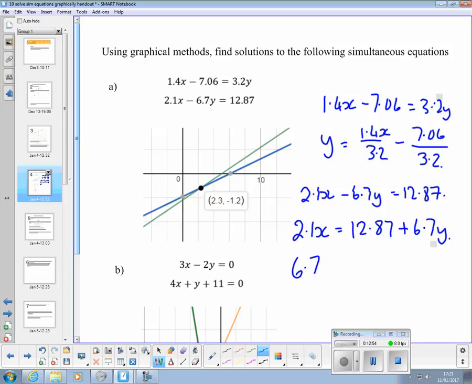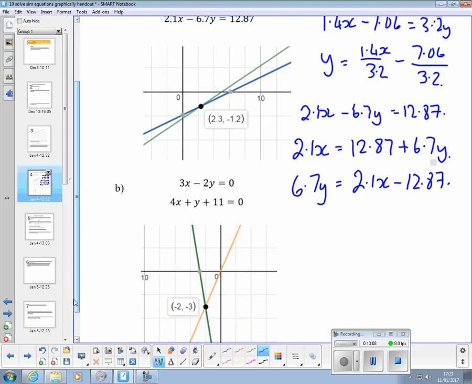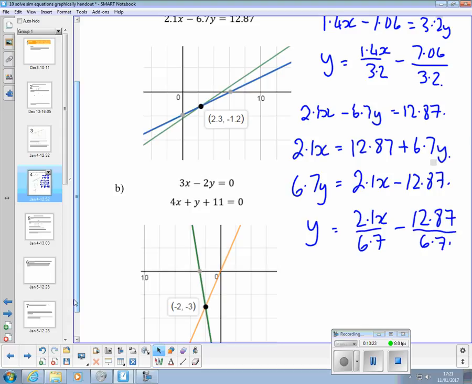So let's put our 6.7y on this side where we want it, and say that's 2.1x minus 12.87, and then lastly divide through by the 6.7. So we get y is 2.1x over 6.7 minus 12.87 over 6.7. And however I started off with those numbers and ended up with two single decimal place numbers as answers, I don't know.